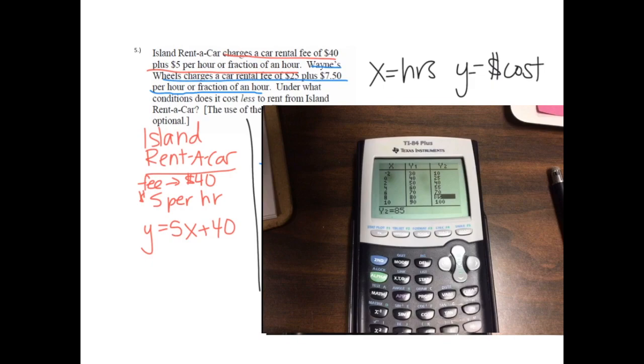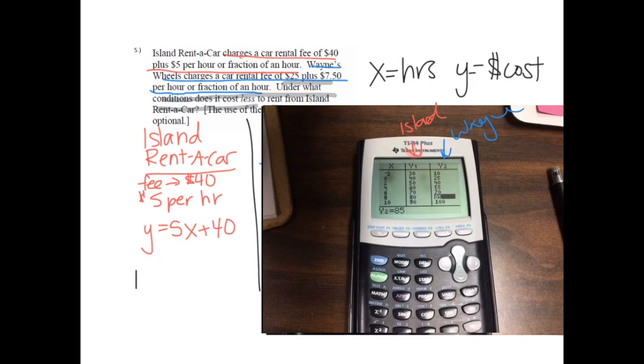So when the question says under what conditions does it cost less to rent from Island Rent-A-Car, we know that Y1 is Island, and then Y2 is going to be Wayne. Okay, so it costs less to rent from Island Rent-A-Car as long as you are renting your car over 6 hours.